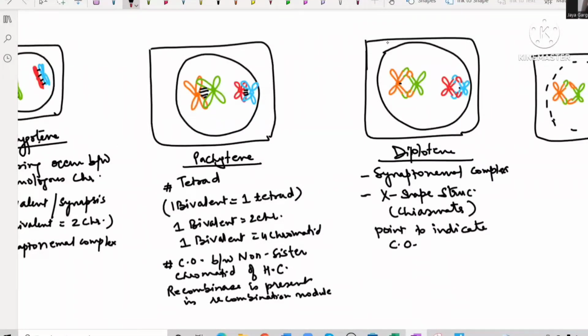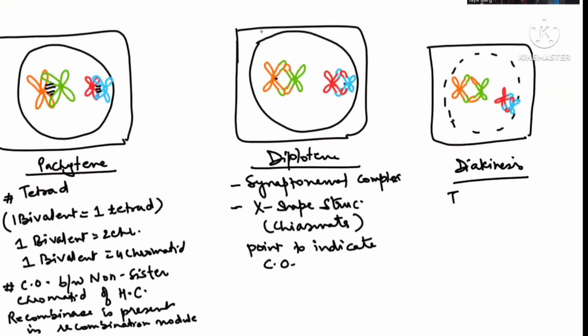Clear, beta? So this is your diakinesis in which terminalization of chiasmata is done.